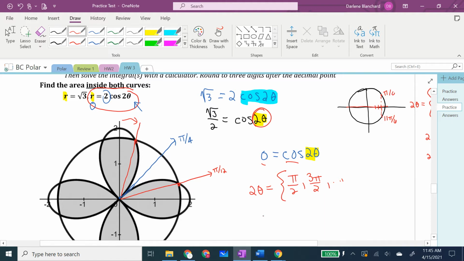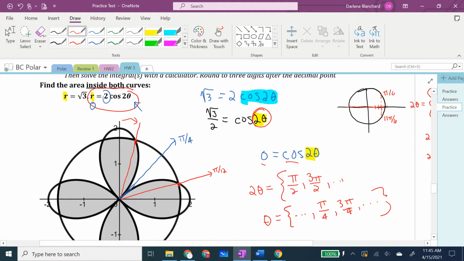Then theta is, divide all of them by 2, and now you've got that pi over 4. So just be aware of that.